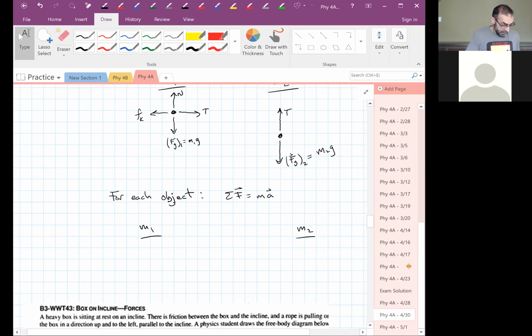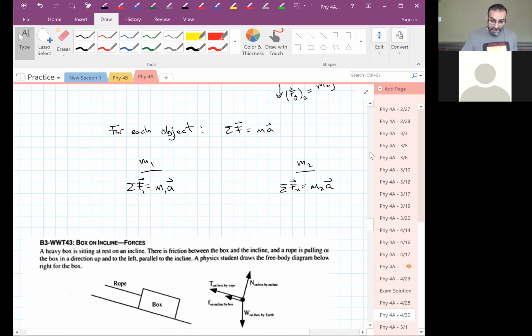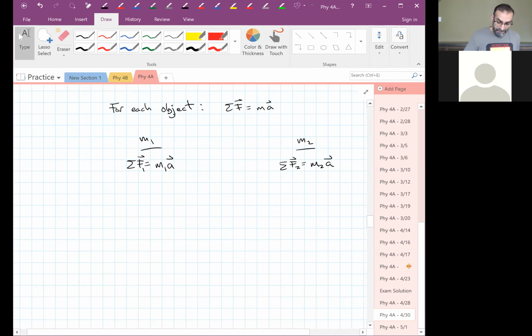Now I've got sum of the forces on 1 is m1a, and sum of the forces on 2 is m2a. Now what I want to do is think about my directions a little bit.